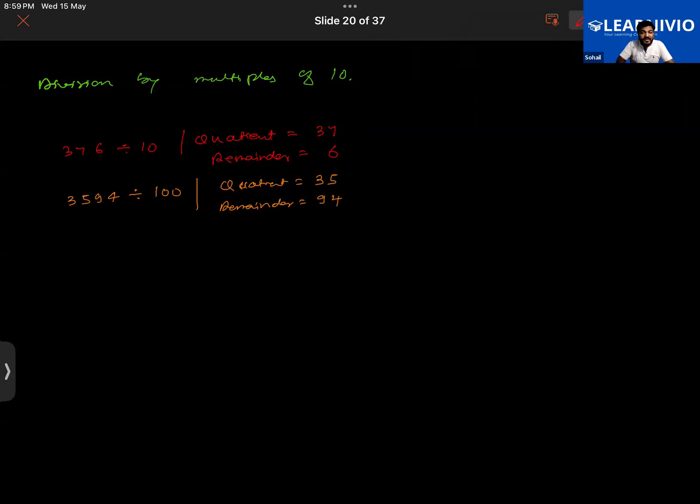You're going to have a very interesting pattern in this. Say that you have a number 7,894 divided by 1,000. So in this, you will find that quotient is going to be 7, while a remainder is going to be 894.